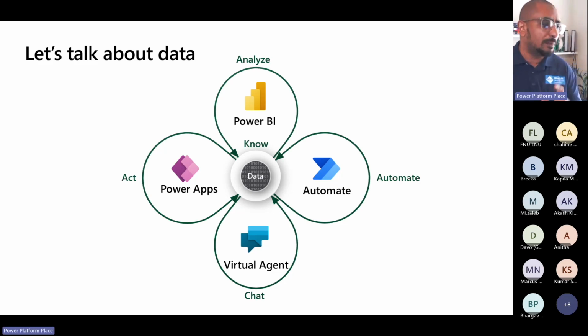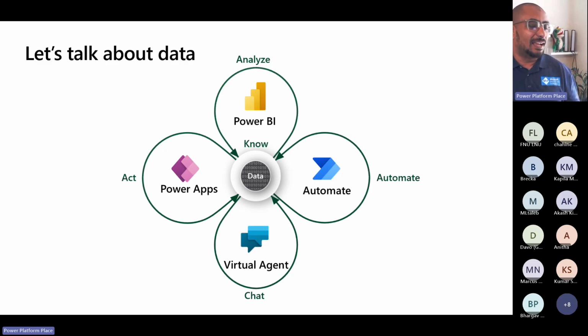So when talking about data in reference to the Power Platform, the main four components are Power BI, Power Apps, Power Automate, and then the Virtual Agent, which Shaheen is not happy with at this point.